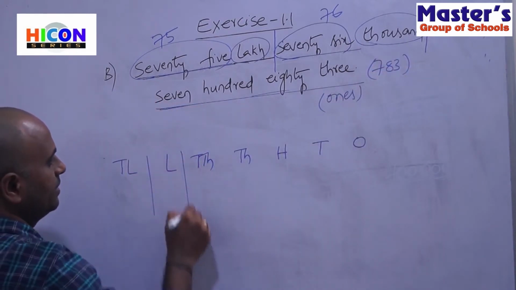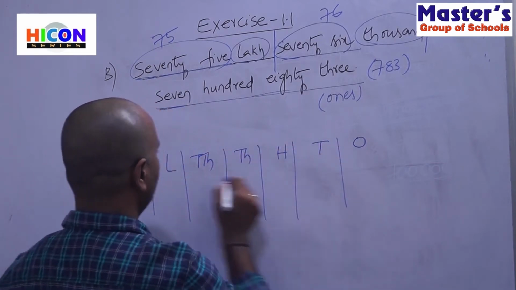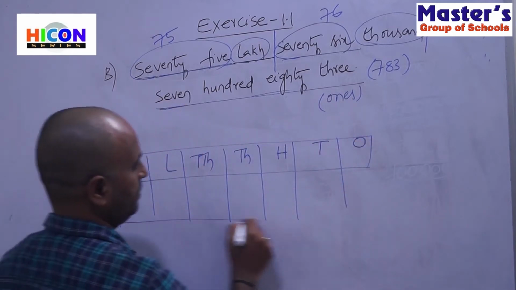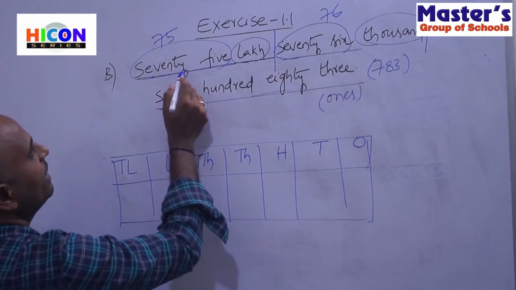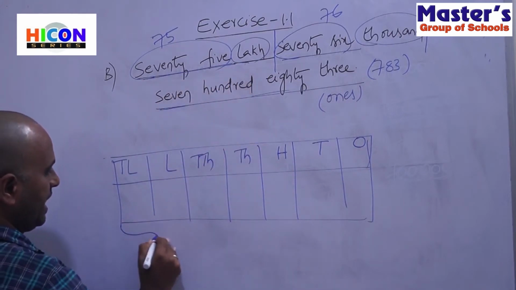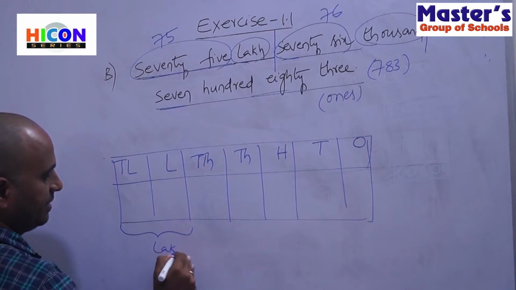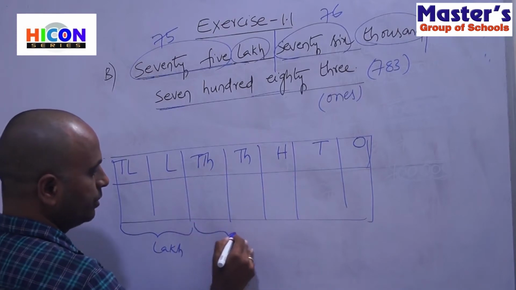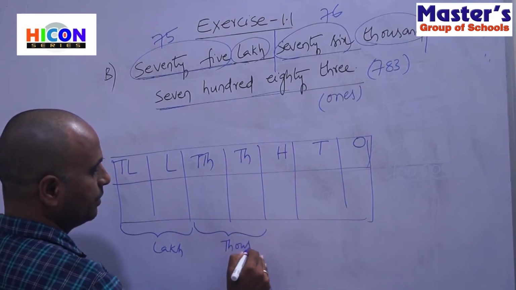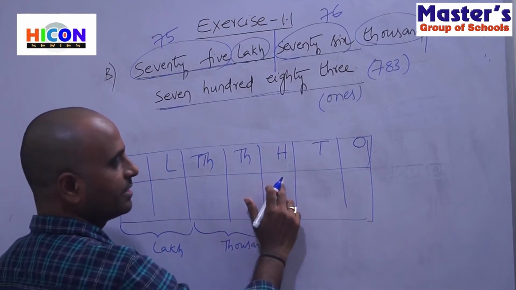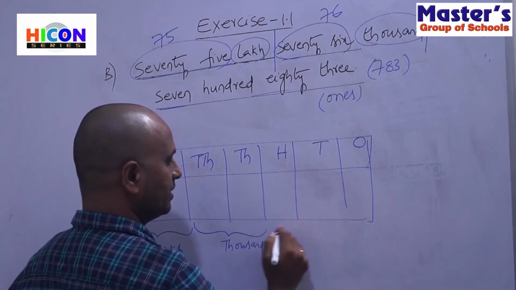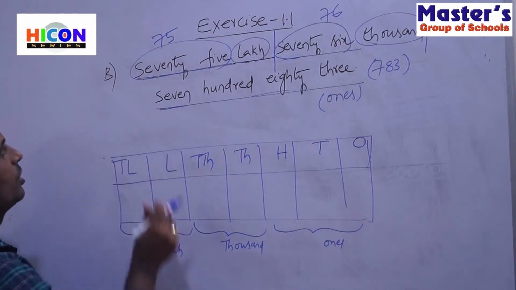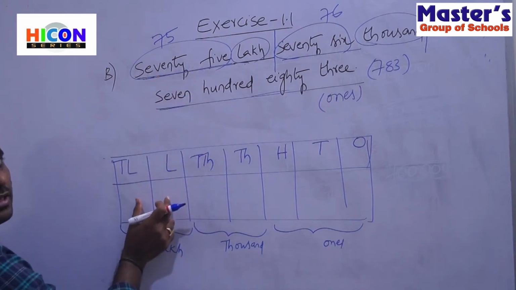Insert these figures into this place value chart, then we will get the number. 75 lakhs is lakhs period, 10,000 and 1,000, these two places are called thousands period, and hundreds, tens and ones, these three places are called ones period. Now insert these period values into the place value chart.